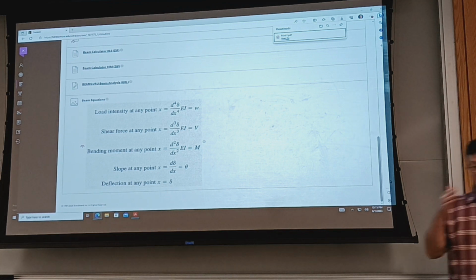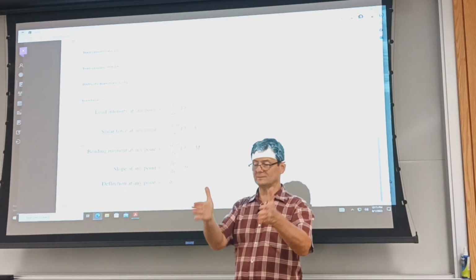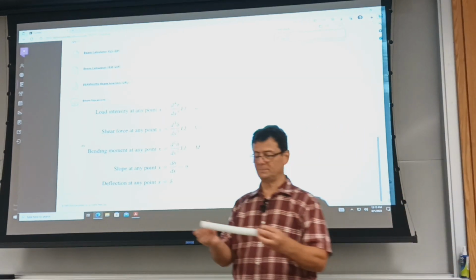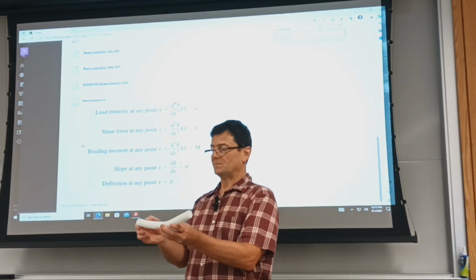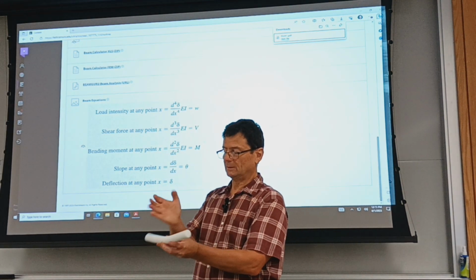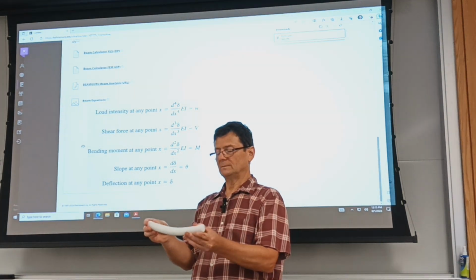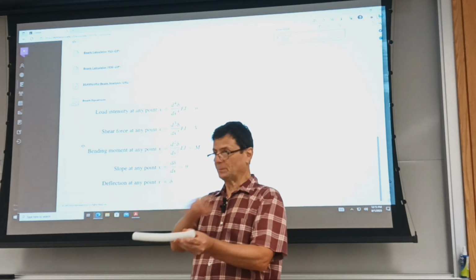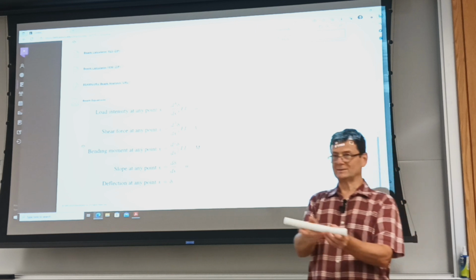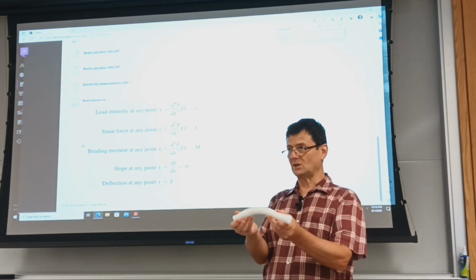One assumption made in all these theories is that as you deflect the beam under load, and if you slice through, the section remains perpendicular to the neutral axis. So essentially, the cross section rotates with the beam and does not lag behind.